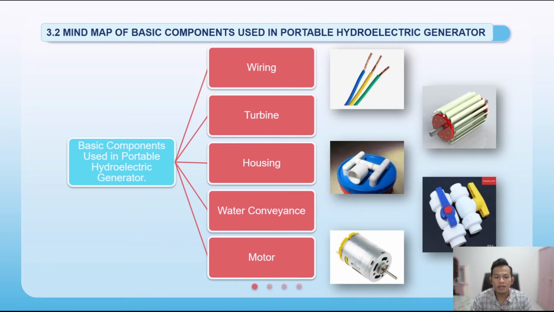Third is housing. Housing is the casing for all the components gathered. The water conveyance is a channel or pipeline that delivers the water flow. And lastly is the motor. The motor is to transform the rotational energy into electricity.